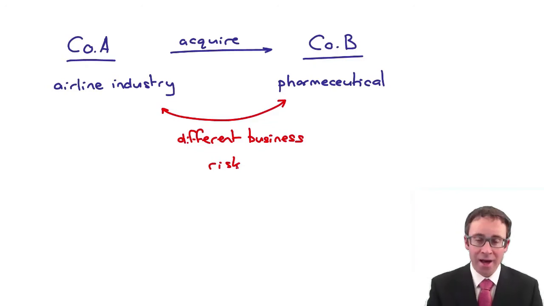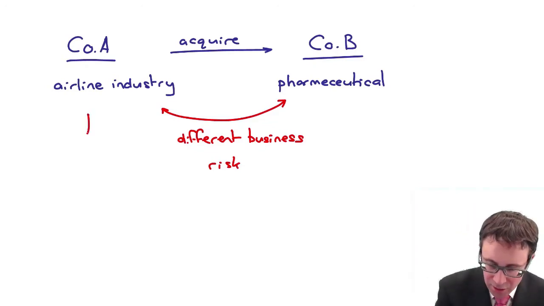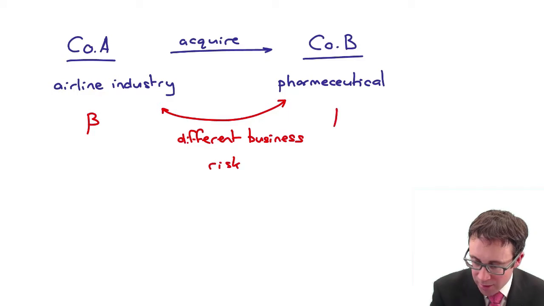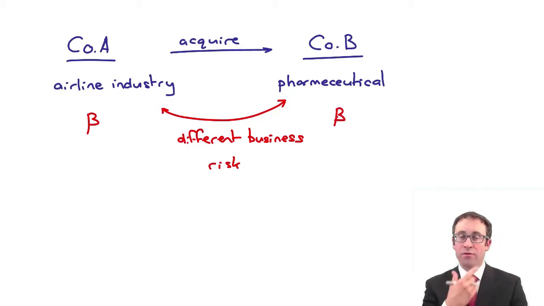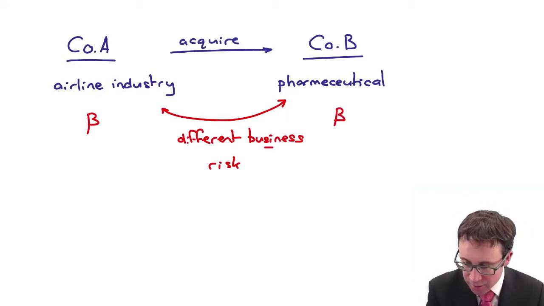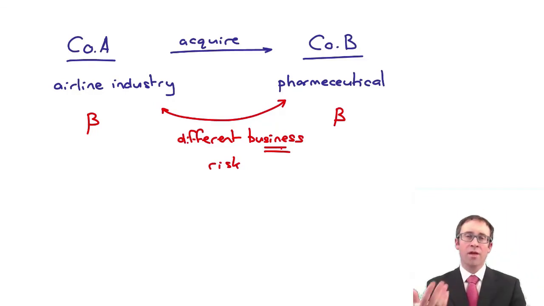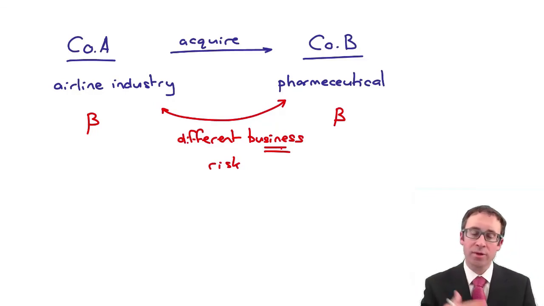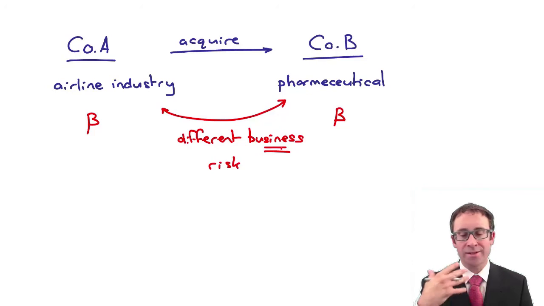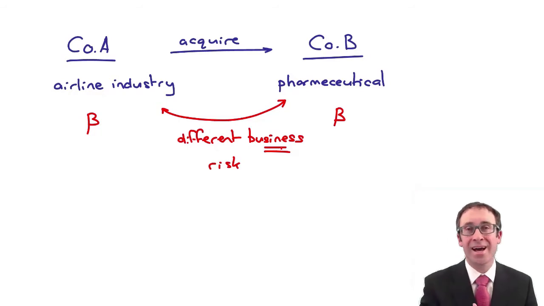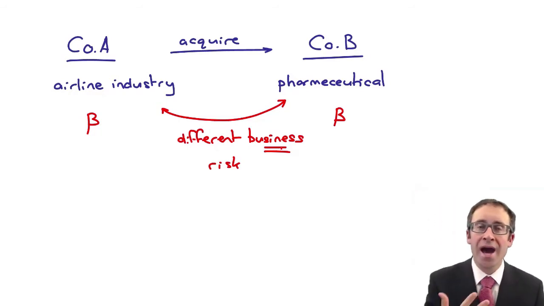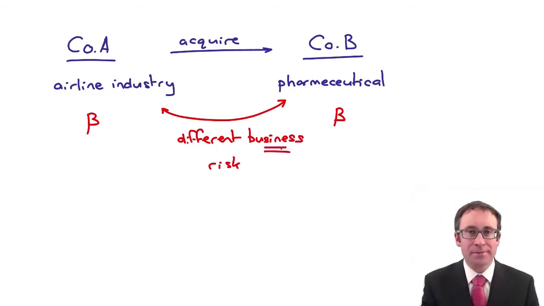So each will have its own individual beta that reflects the business risk of that business. But don't forget, we said earlier that beta reflects not only the business risk but also the finance risk, the fact that these businesses could have debt within them and could be geared. We've ignored that so far.